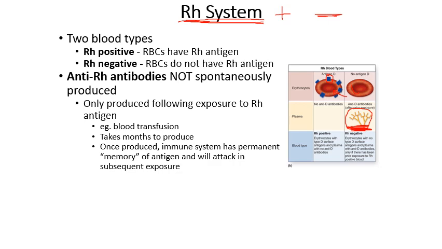If this person's O and has no antigens, they're making A and B antibodies. They don't have to see A or B blood before the antibodies are made. But for the Rh system, this Rh negative person must see Rh positive blood, and then they will start making antibodies after prior exposure.